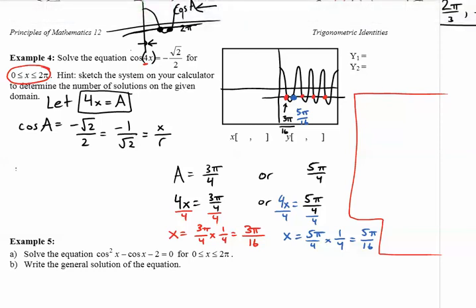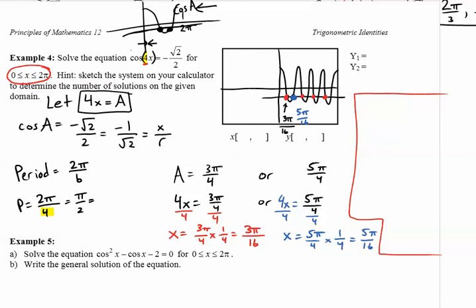So first we need to figure out the period of this graph. Well, we know period is 2 pi over b. B is this value here, 2 pi over 4, so the period is pi over 2.